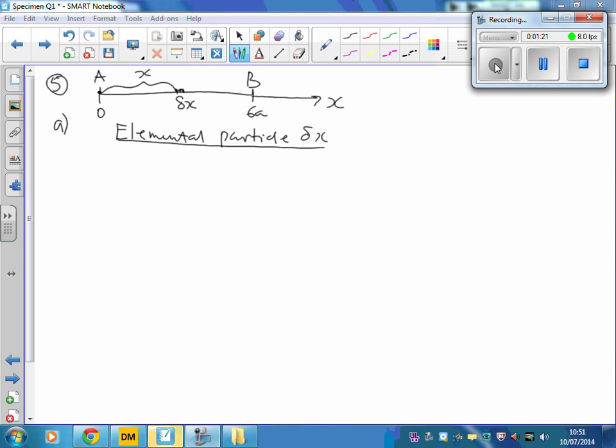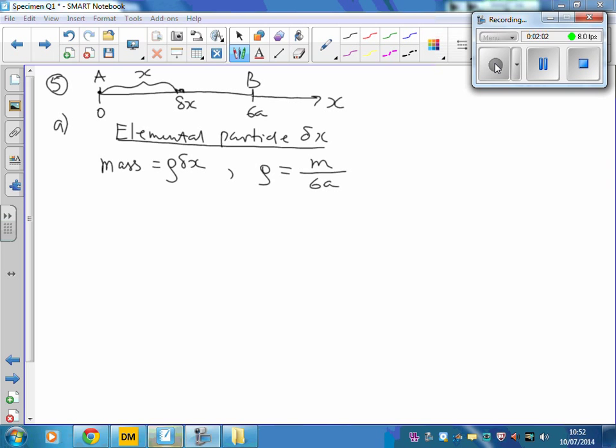We're using this method because we know how to find the moment of inertia of a particle. We only need to multiply the mass of the particle by the square of the distance of this particle from the axis. So we need the mass of the particle. We can work out the mass of the particle by multiplying its density ρ by its length. Density, or mass per unit length, is given by the ratio of the mass of the rod and its length.